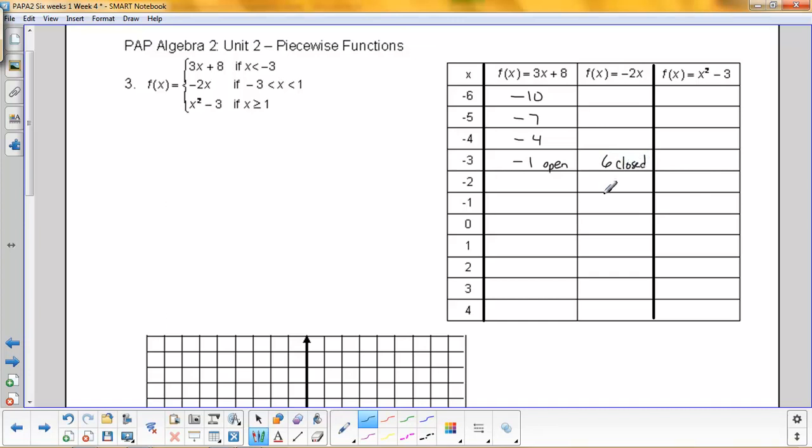We'll continue on this function until 1, so we substitute our values here. At 1, because this is just less than, this is your open circle. And we will continue on our third function from 1 through 4, the rest of the table. Because this is greater than or equal to, this is your closed circle.